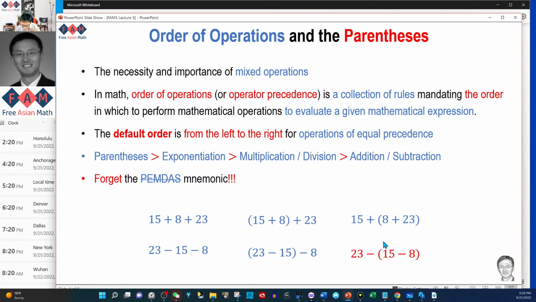Okay, what if we do the second one first? That changes everything. What is 15 minus 8? That's 7. So now with this 7 into the first subtraction, 23 minus 7, that's 16.